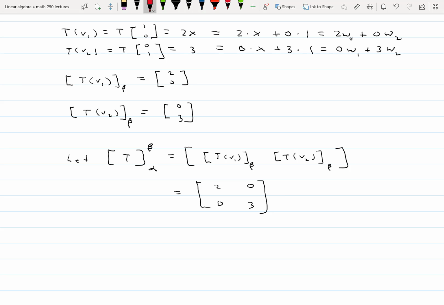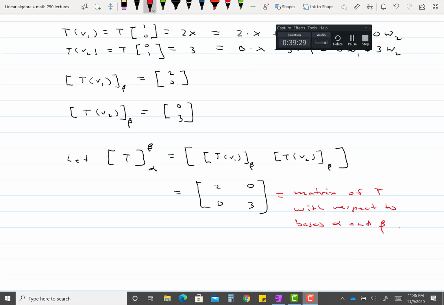And what we call this is the matrix of the linear transformation T with respect to bases alpha and beta.